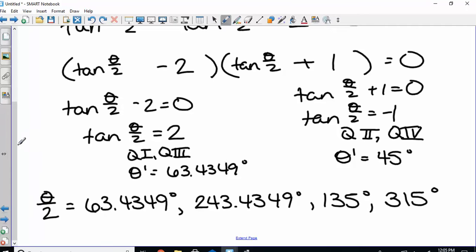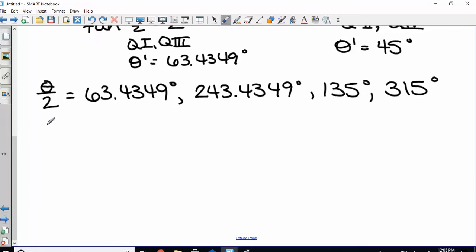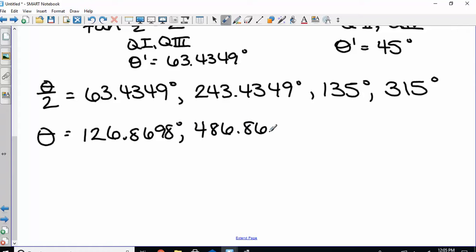Am I done? No. I have to solve for theta, so I need to multiply by 2. So I get 126.8698. All of these are solutions.